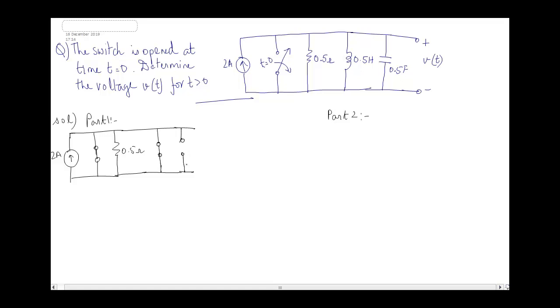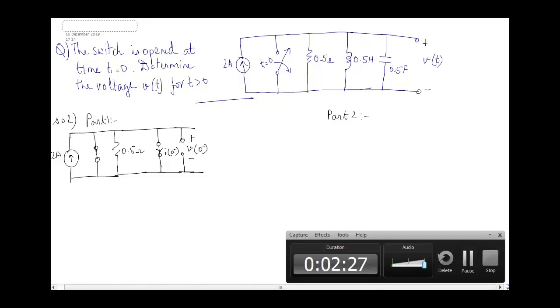We want to find the current passing through here, so that we get I of 0 minus, as well as the voltage here, V of 0 minus.